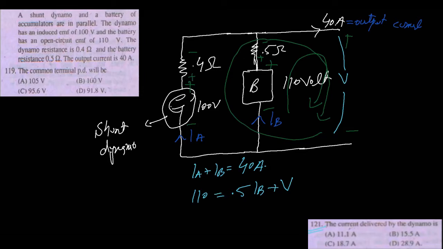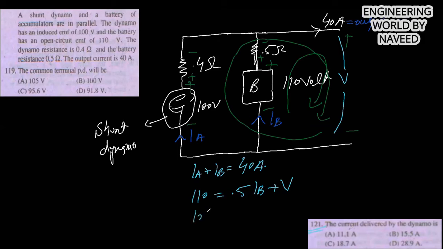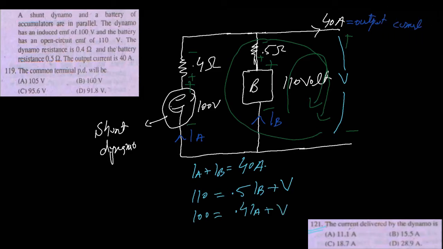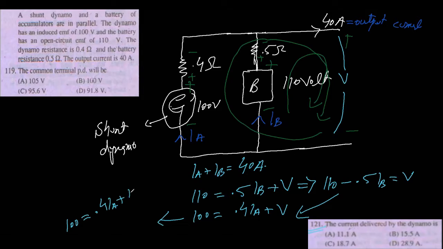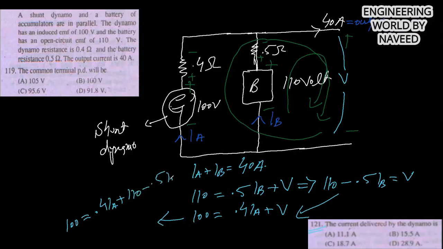So here we get another equation, and that is 100 equal to 0.4 IA plus V. Here we get the voltage value, that will be 110 minus 0.5 IB is equal to V. Putting this voltage value in this equation, you will get 100 is equal to 0.4 IA plus V, and V is 110 minus 0.5 IB.